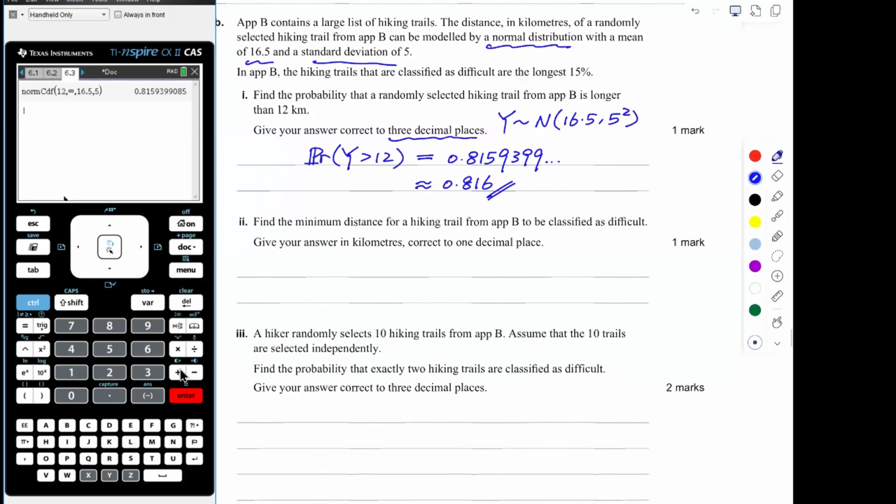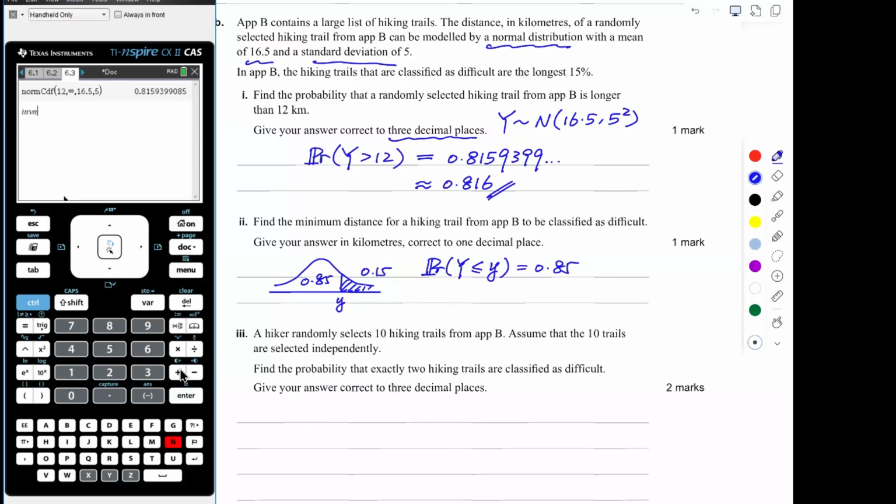The minimum distance to be classified as difficult. Difficult means the longest 15%. So this bit will be 0.15. The other bit will be 0.85. So this is the distance y. We would like probability Y less than or equal to y equals 0.85, or Y greater than y is 0.15.